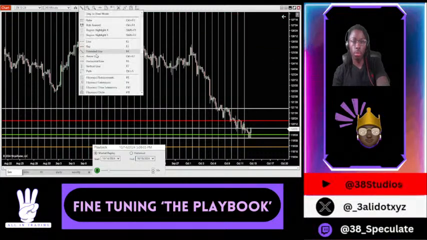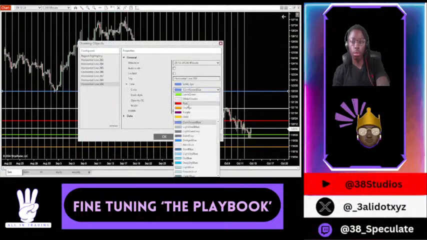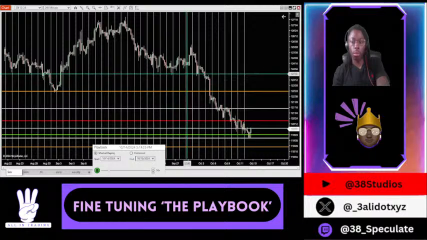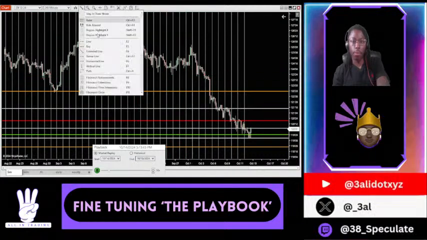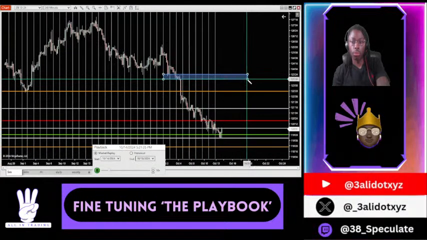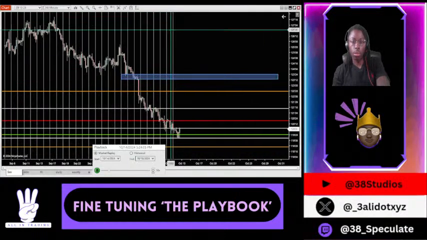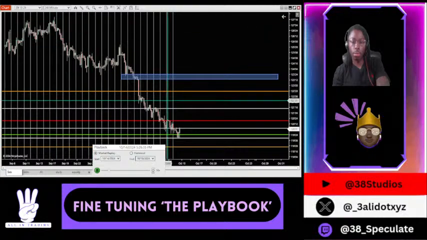I'm gonna mark that for resistance real quick. I feel like price could be coming from up here, coming back up here. This could have started our move down further, even though 123 is really up there.